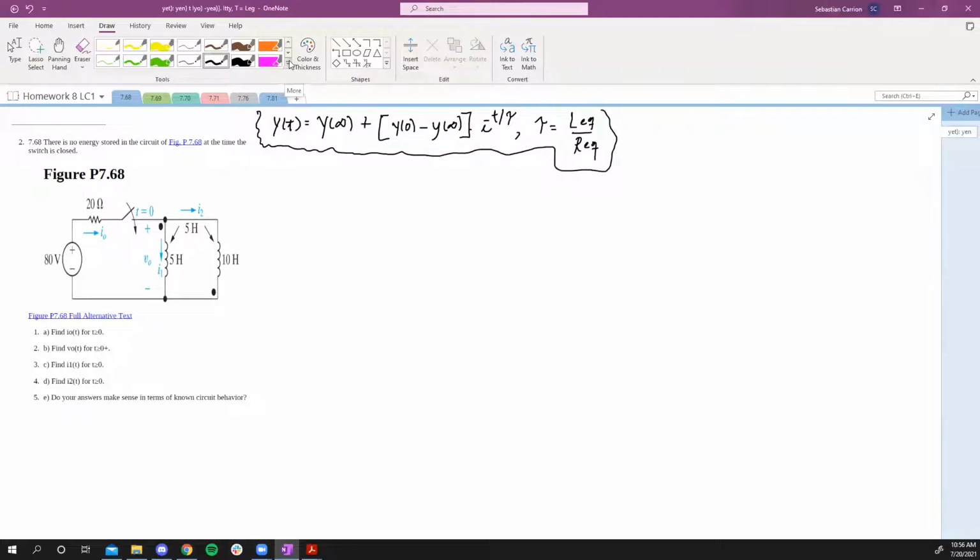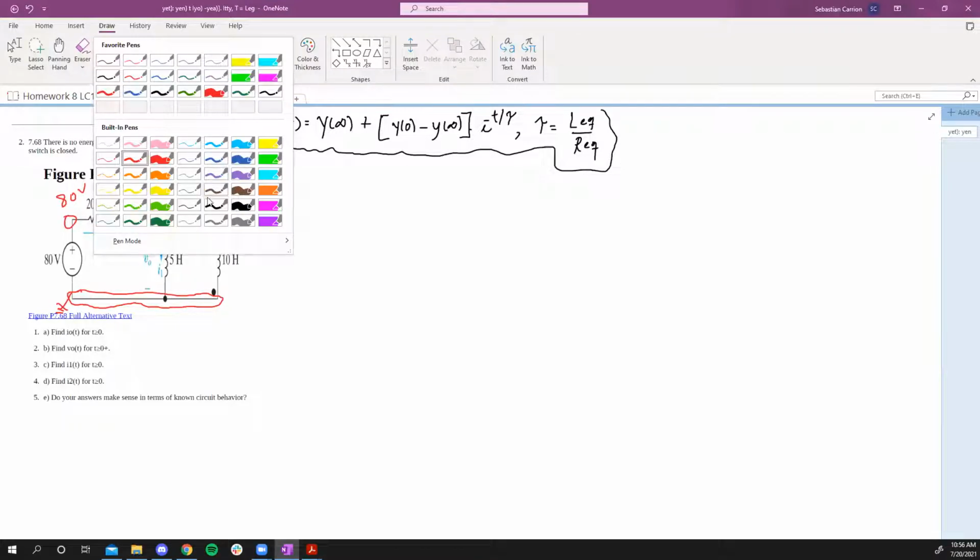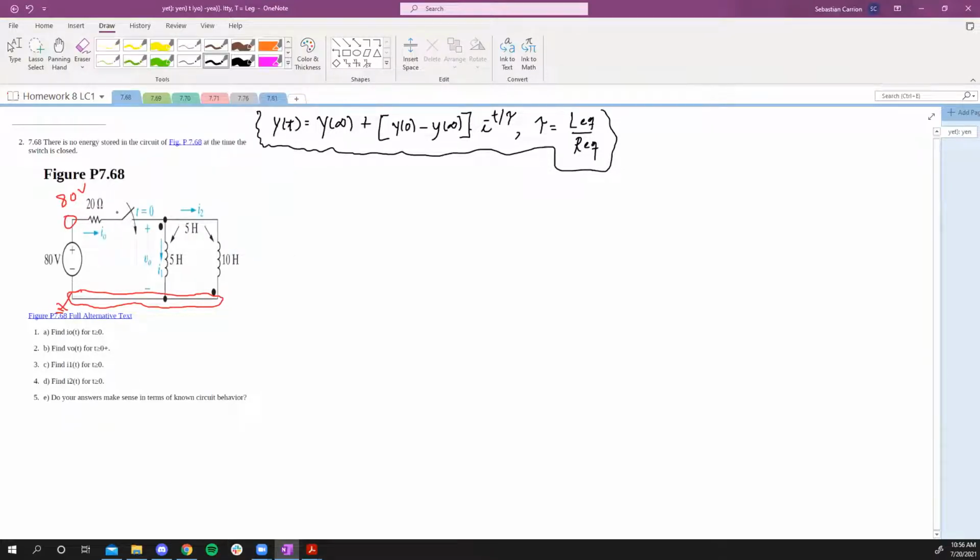So we can go ahead and analyze the circuit before we do anything. Let's set this node as our ground node. We got this as 80 volts. We know, since no energy is stored in the circuit, that i0 at time before 0 is going to be 0, right?